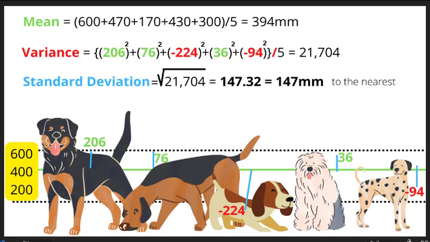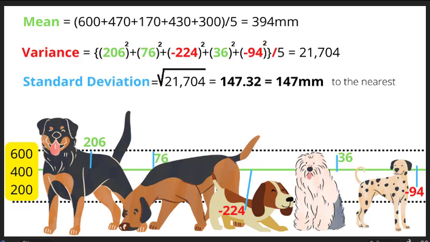Similarly, the second dog is 76 higher than the green line, so square it. The next one is 224 millimeters lower, so 224 squared. Similarly, we have 36 squared and 94 squared. So it's nothing but squaring the differences and dividing by the number of observations.